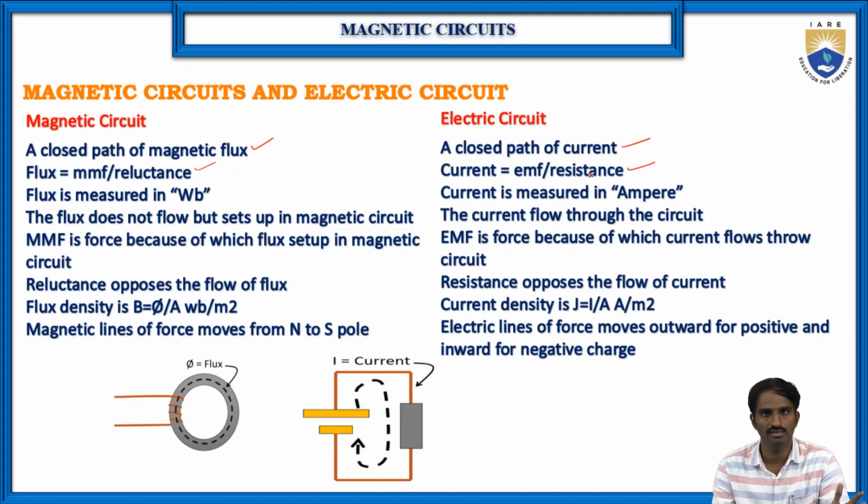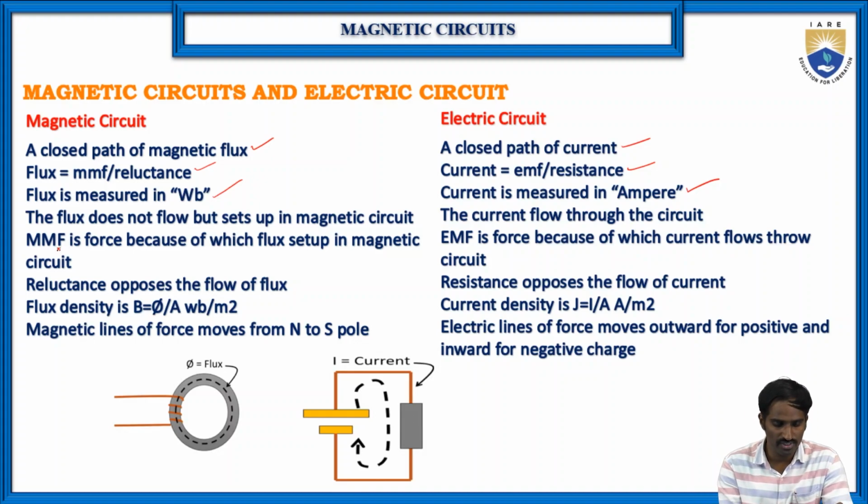The magnetic field we measure in terms of flux, and the unit for flux is Weber, while the flow of electrons is measured in terms of current, and the unit for current is amperes.